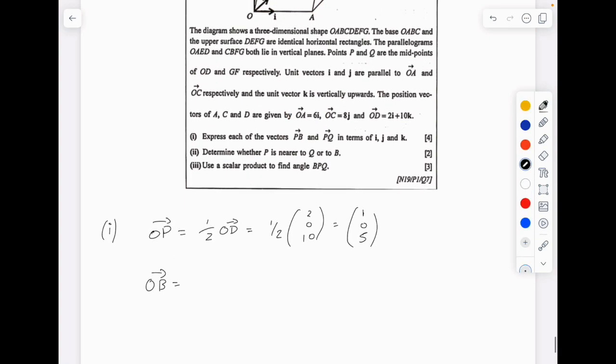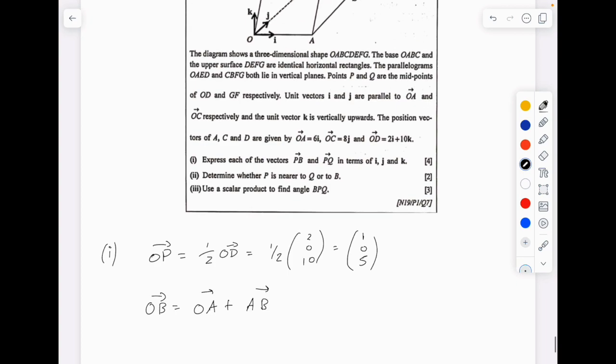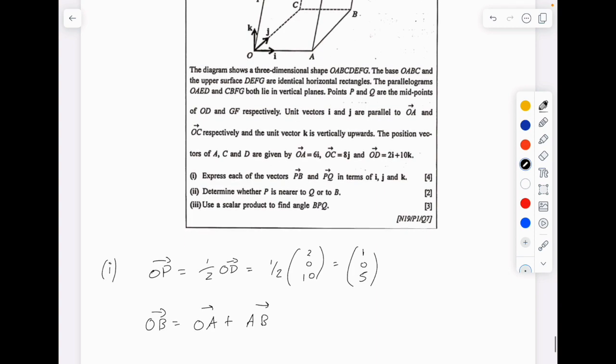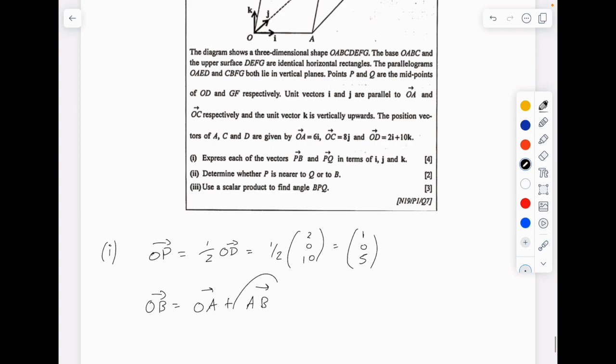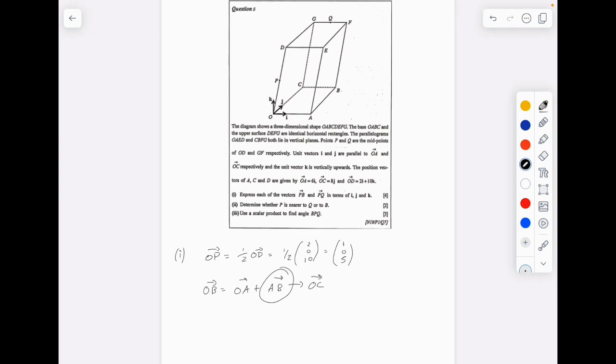Alright, so OB is equal to OA firstly, plus AB, right? And so we ask ourselves, well, how do we find AB? Well, you have to remember that AB has the same direction as OC, okay?